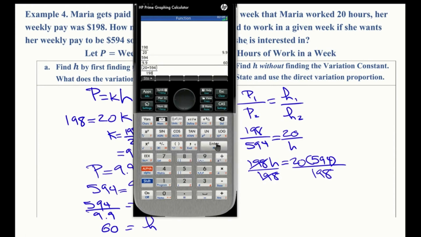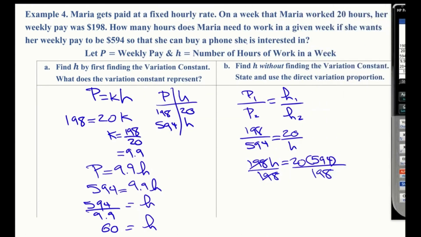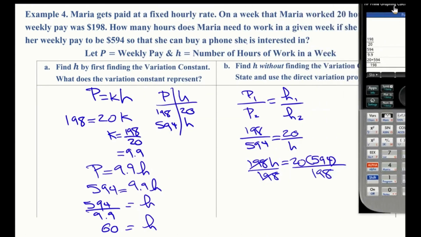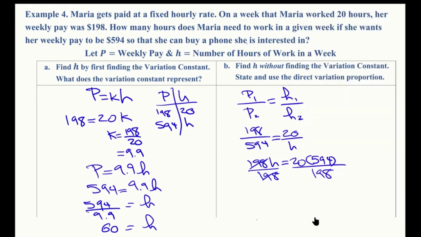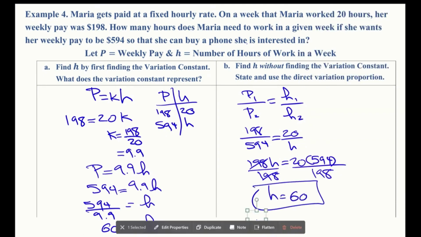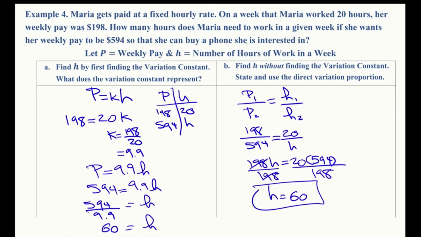Now, the moment of truth, right? When we hit that, we better get 60. And we do. All right. So once again, we end up with h equals 60. So these methods obviously will always generate the same results, but it's really, really powerful to know both.